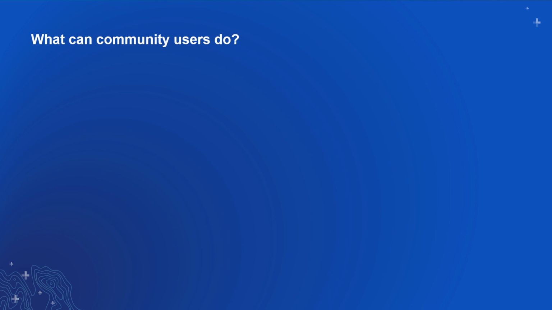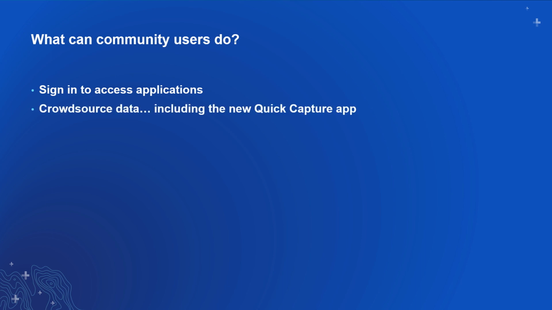So the question comes up, well, okay, what can these community users do? Well, they can do a lot of things. One of the big ones we see is that they can sign into applications, or they can sign into a website and get applications just for them. So imagine being able to gate what people can see through a website because they have identity. So they can sign in to access content and applications. They can crowdsource data for you.